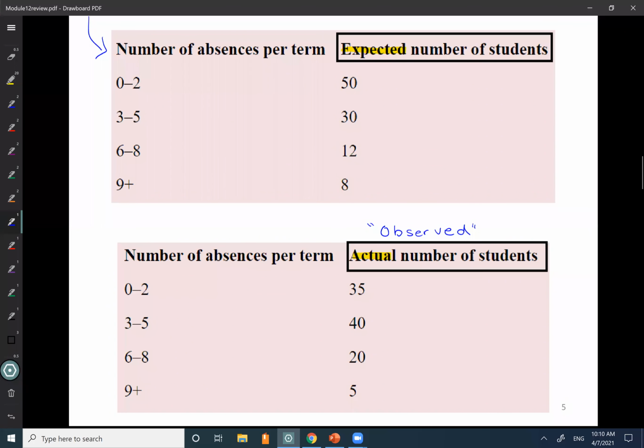So you can see that the distribution in the counts from what they expected to see and what they actually observed is different, right? There were a lot fewer students that missed 0 to 2 days, 35 instead of 50. If you compare the 3 to 5 categories, they figured 30 out of 100 students, but there were actually 40.